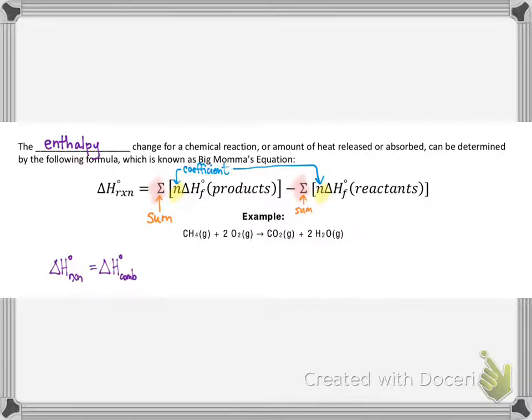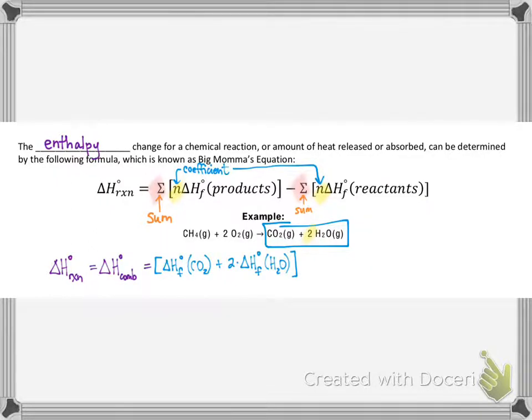Okay, now that we've got that, let's plug into Big Mama's equation. Did you notice we're starting off with our products? So we need to get delta H of formation for carbon dioxide and water and add them together. But water has a coefficient of 2. So don't forget to multiply 2 times the heat of formation of water.